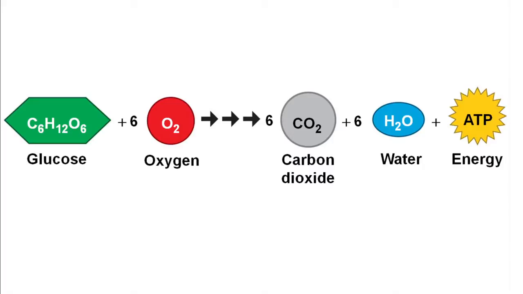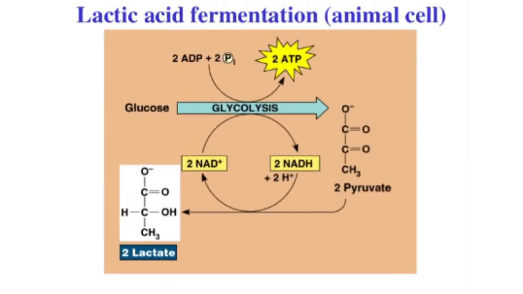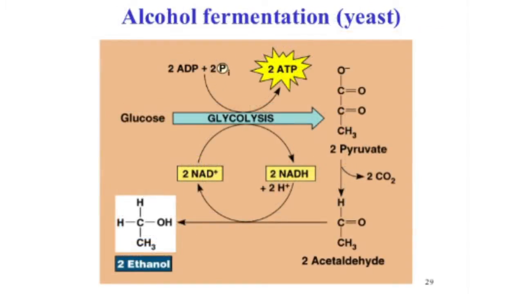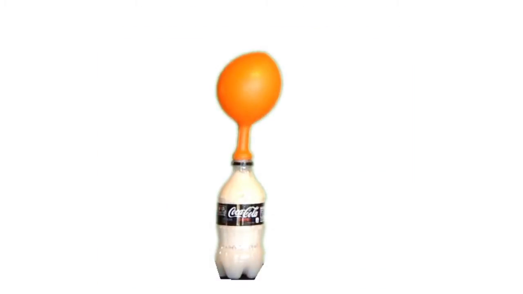However, when there's no oxygen around, our cells can still use fermentation to make energy. Humans use lactic acid fermentation. Remember, that's what makes your muscles burn when you've been running hard. And things like the yeast we just saw can use alcohol fermentation, which produces a balloon full of carbon dioxide.